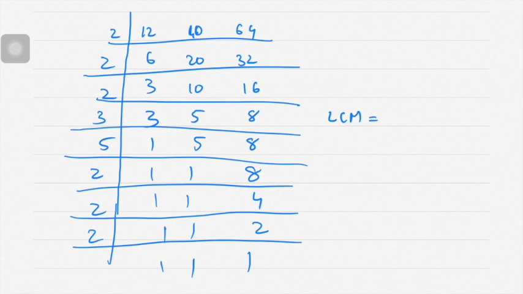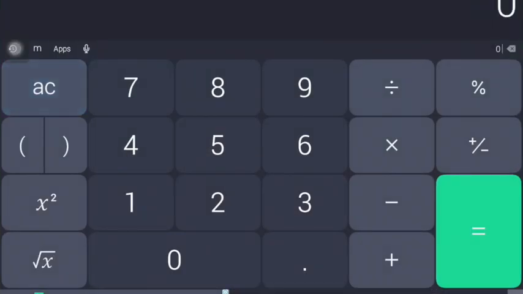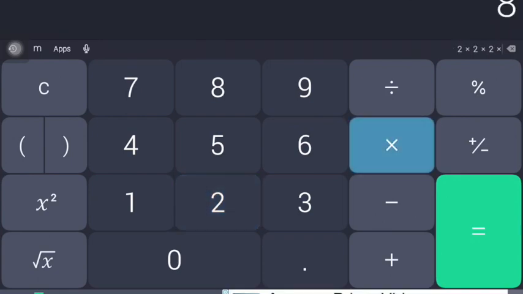Correct? So the LCM will be 2 raised to 6 multiplied by 3 into 5. Correct? Let's calculate this. 2 into 2 into 2 into 2 into 2 into 2, 6 times, into 3 into 5.